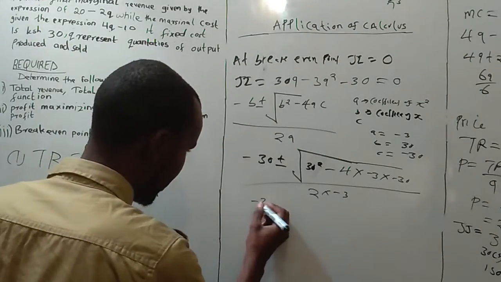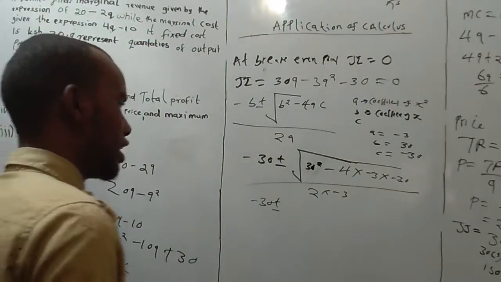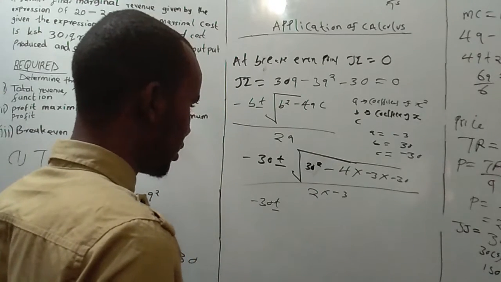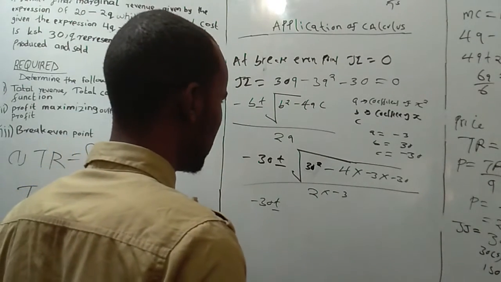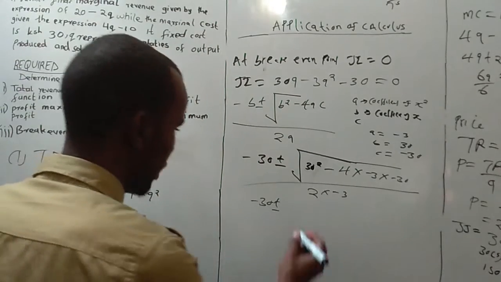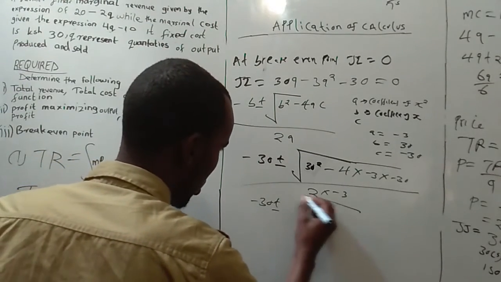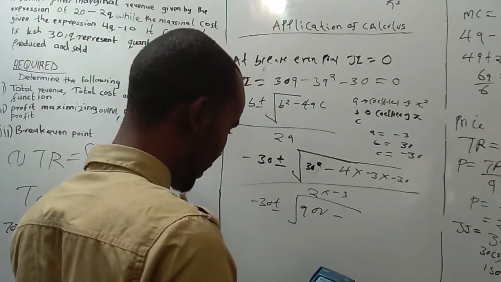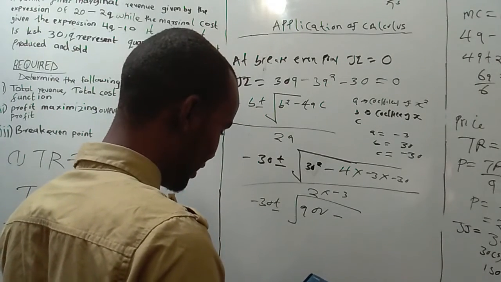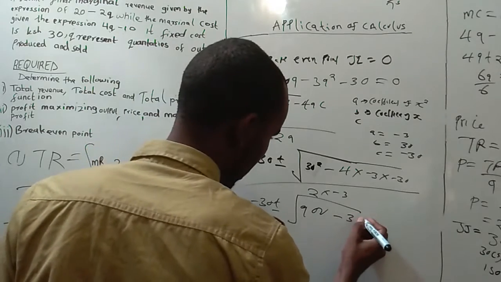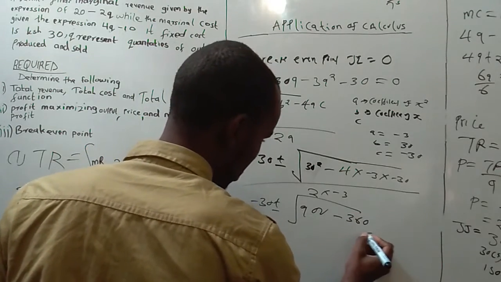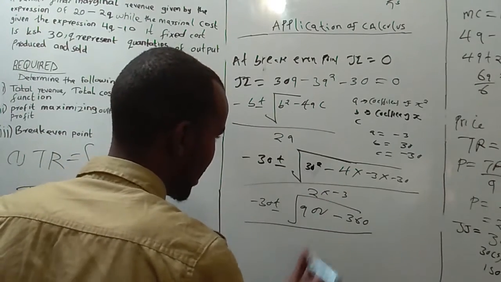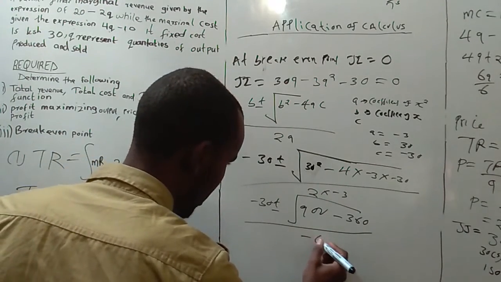If I take 30 squared, which is 900, square root of 900 minus 4 by negative 3 by negative 30, which comes to 360. Then we divide by negative 6. 2 by negative 3 is negative 6.